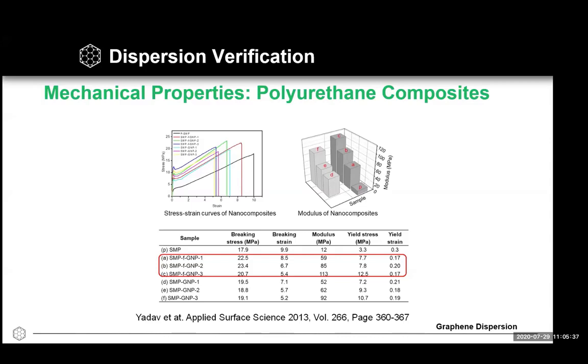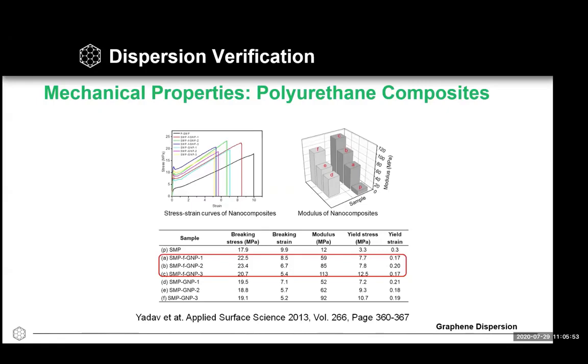When you have a better dispersion as well as a good interfacial interaction between graphene and your host matrix, then you have better load transfer.